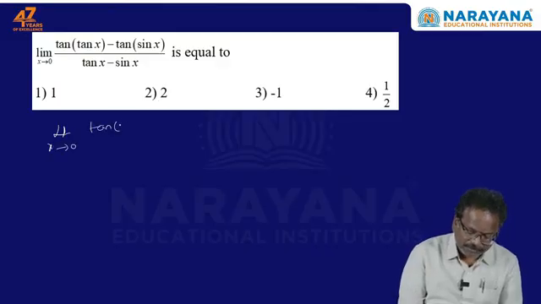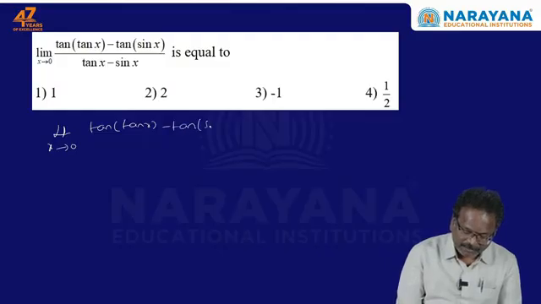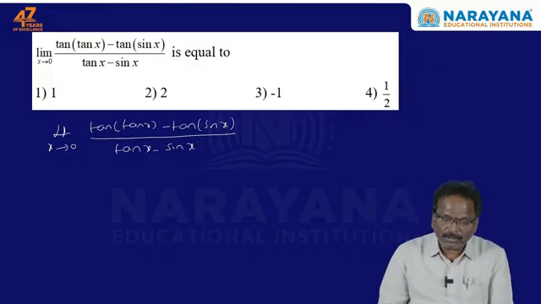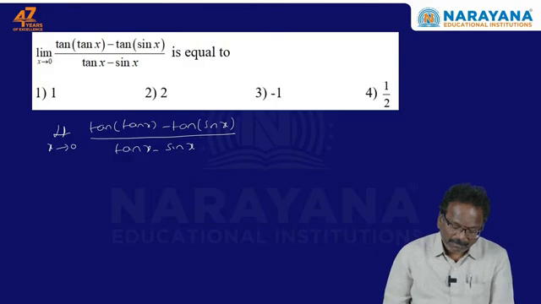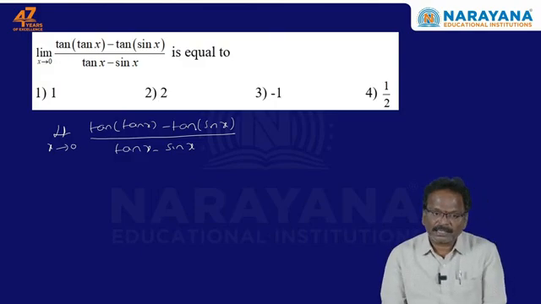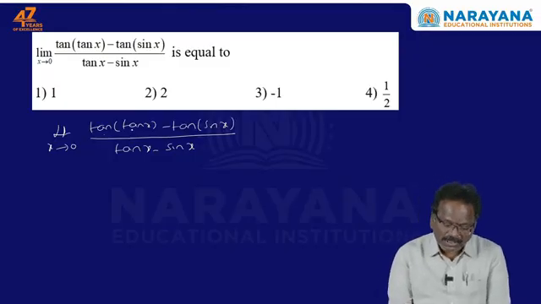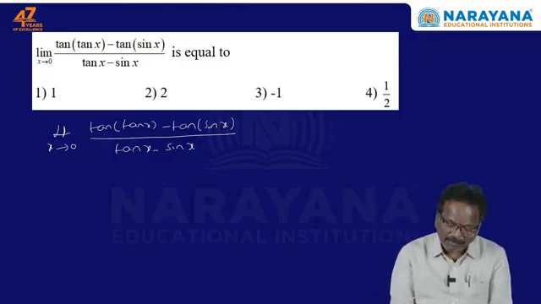If you substitute the limit x equal to 0, this will become 0 by 0. To simplify this, tan of tan x minus tan of sin x is clearly in the form of tan A minus tan B.